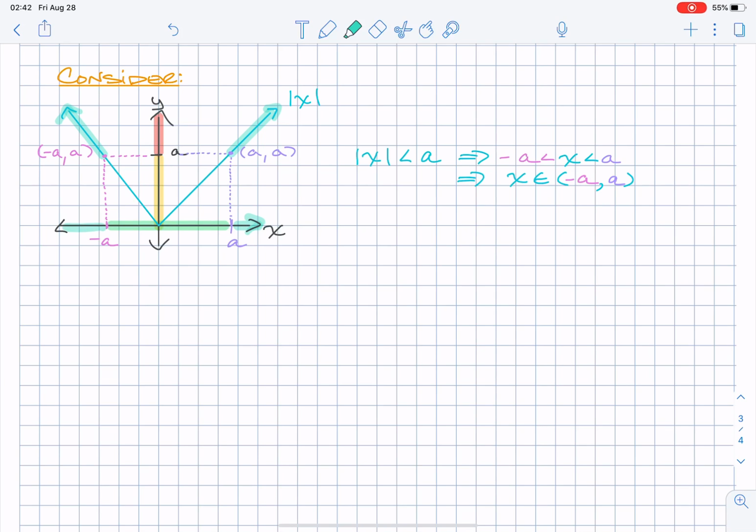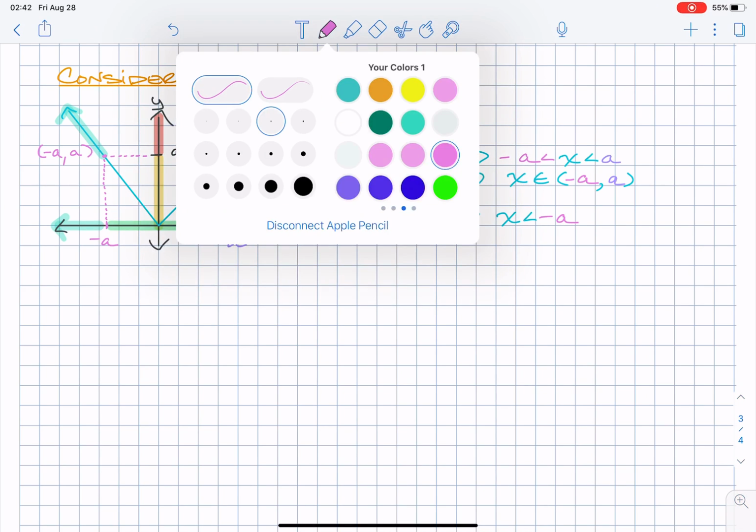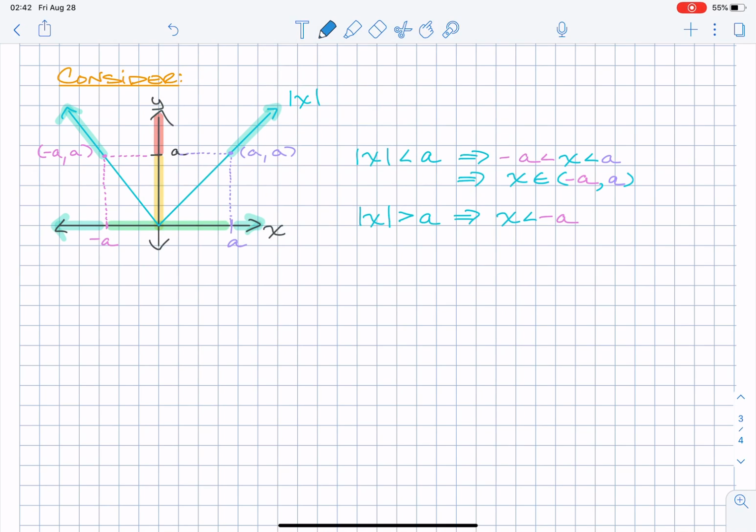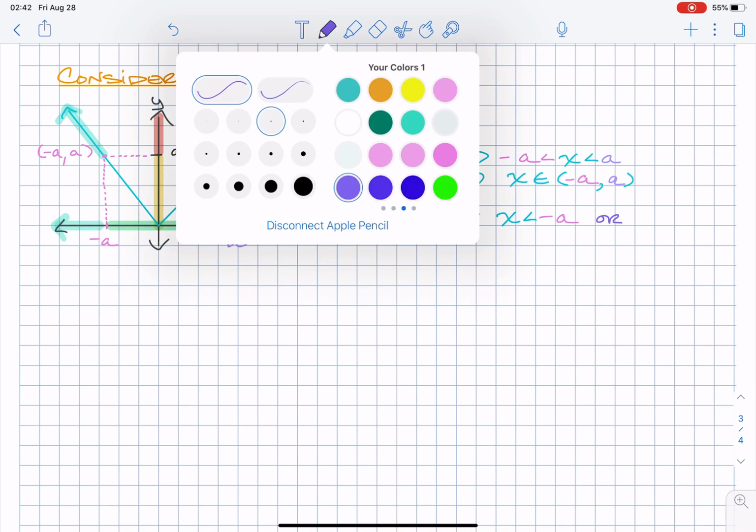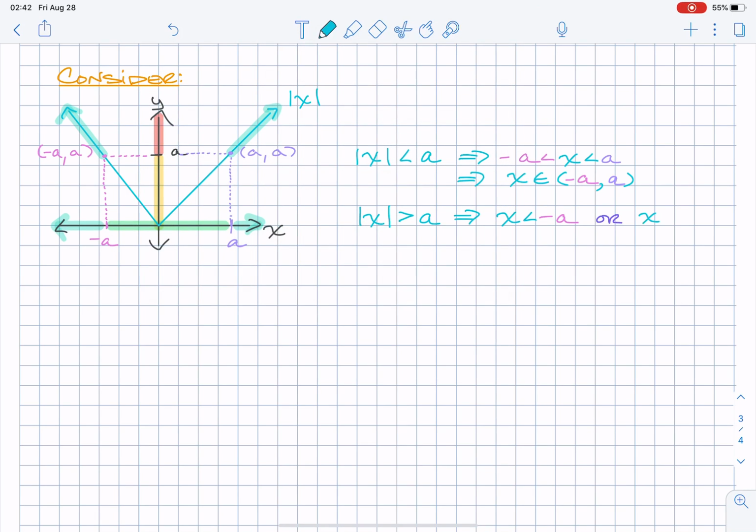There we go. Much prettier. Okay. So if I want the absolute value of x to be greater than a on the y-axis, then this implies either that x is to the left of negative a, or x is to the right of positive a.